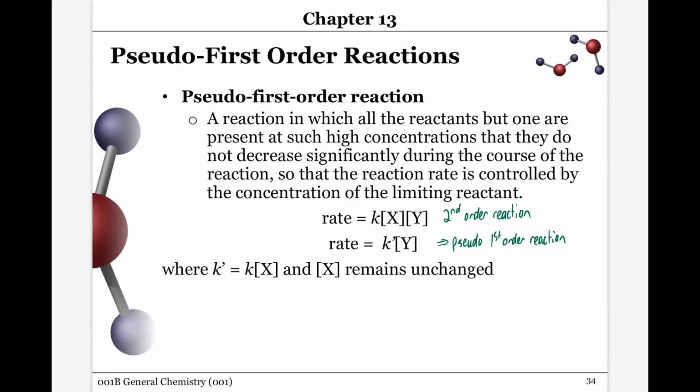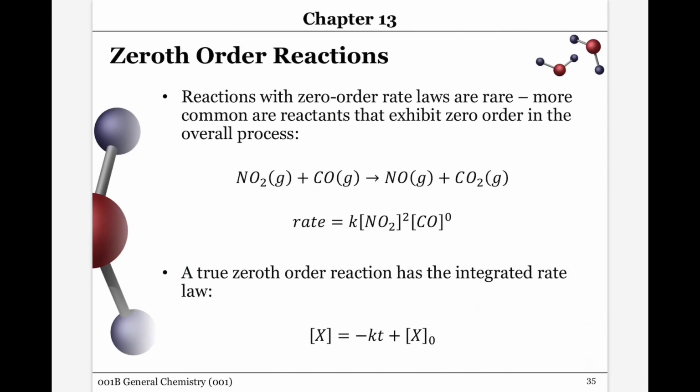The final kind of reaction that we're going to look at is a zeroth order reaction. And a zeroth order reaction is pretty rare. What we'll more commonly find is a reaction where certain reactants are zeroth order. So for example, in this reaction between NO2 and carbon monoxide to generate NO and CO2, when we write out the rate equation, we find that it's overall second order, but it's second order in NO2 and zeroth order in carbon monoxide.